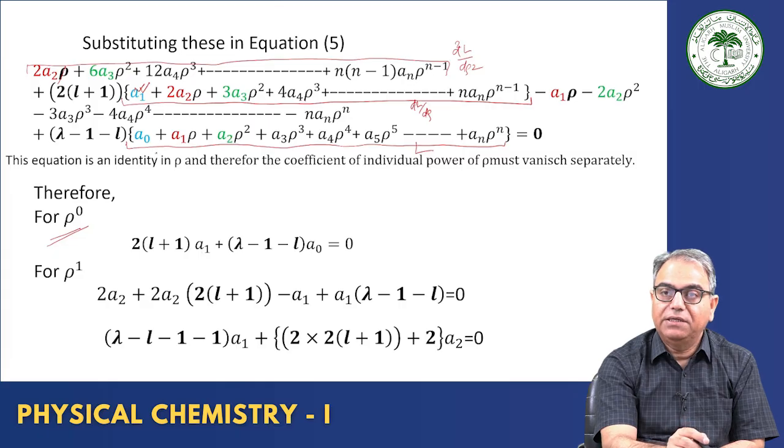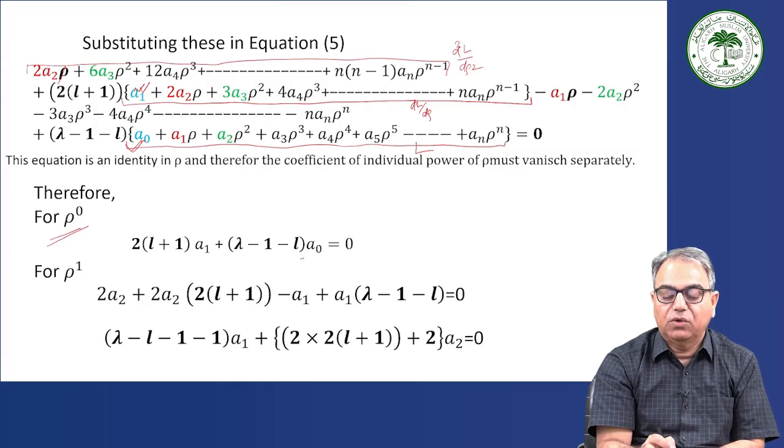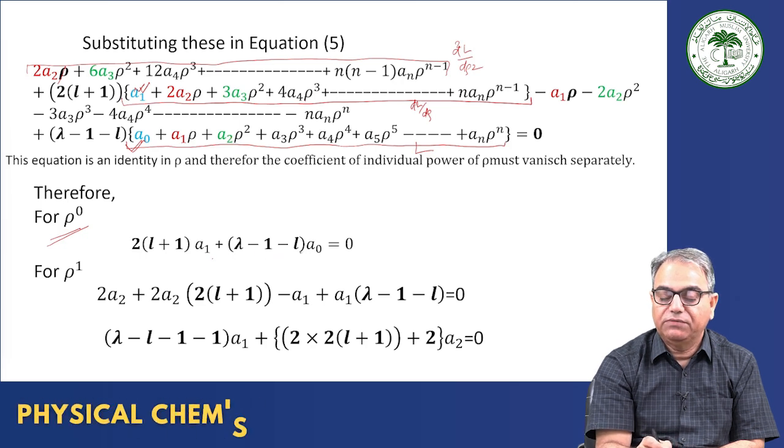Then another term where rho is not present is this term, a naught in the L value. So what is the coefficient? Lambda minus 1 minus L into a naught. So for rho raised to the power 0, the coefficient is 2 within bracket L plus 1 a1 plus lambda minus 1 minus L a naught is equal to 0.